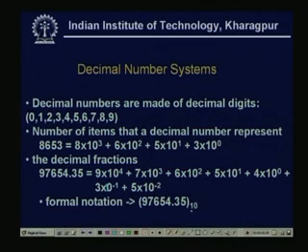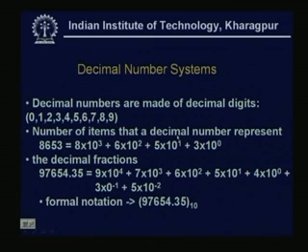This 10 we define as the base or radix. From our common concept of the decimal number system, every number system has one base. Here the base is 10, which means 10 distinct digits, 0 to 9, are used to represent a number system.